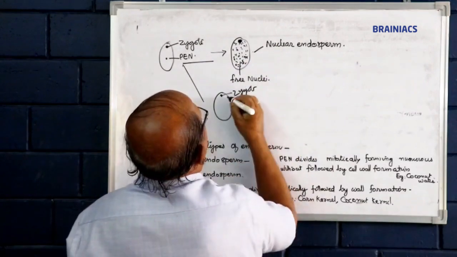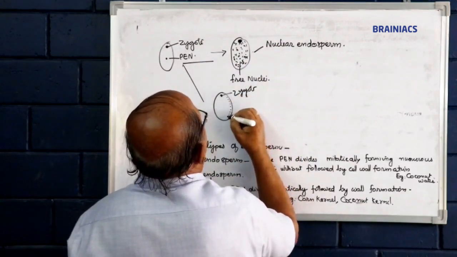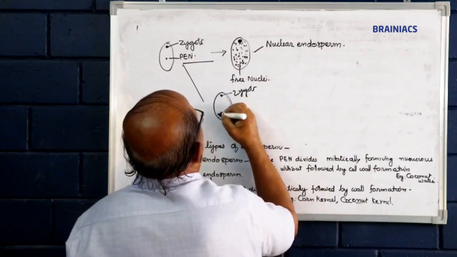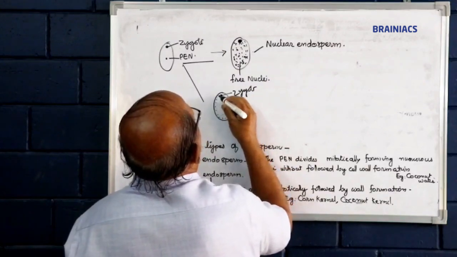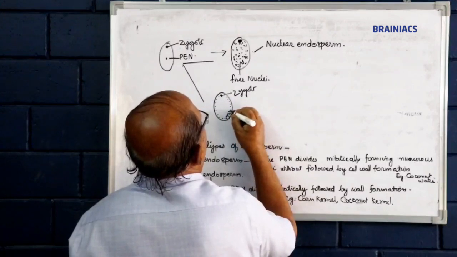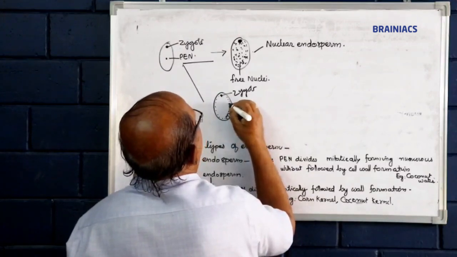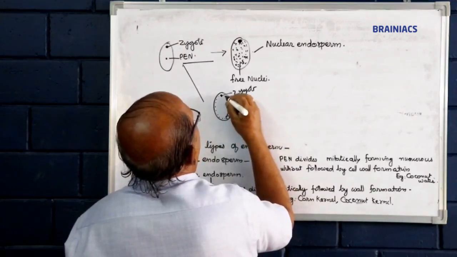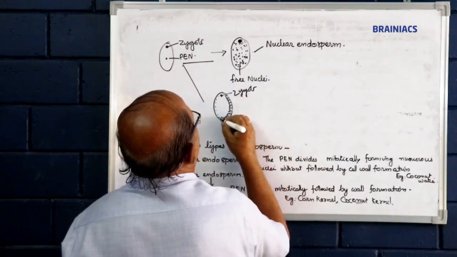Then the nucleus divides mitotically, forming a number of nuclei, followed by wall formation, engulfing one nucleus within the cell.